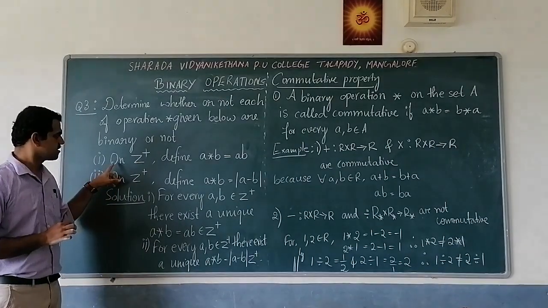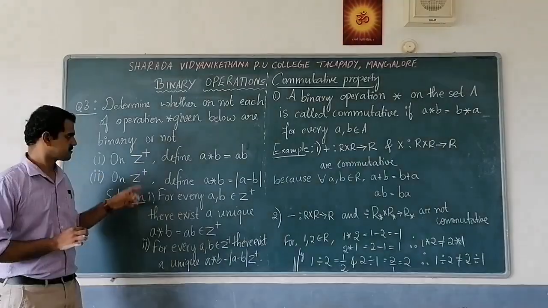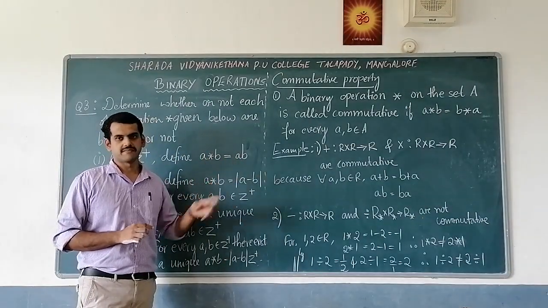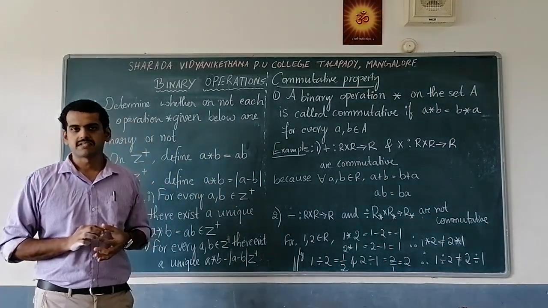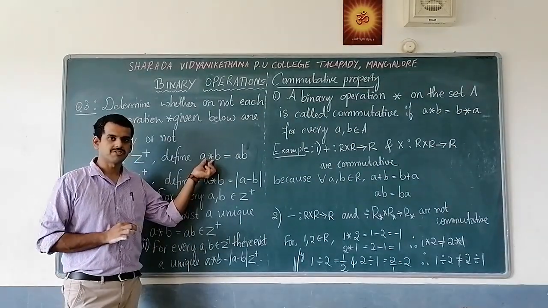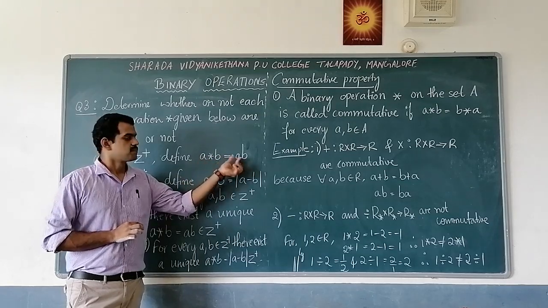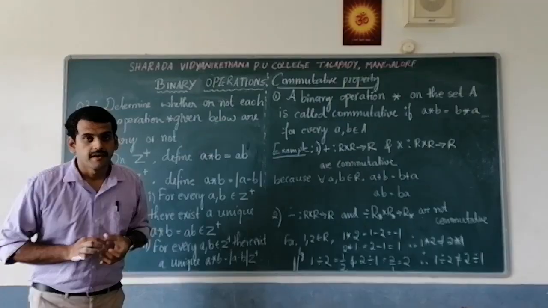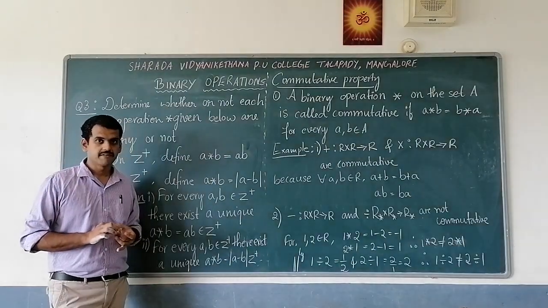On the set of all positive integers Z plus, we define a star b as a into b, that is the product of the numbers a and b. So our star binary operation is nothing but the product of the two positive integers. That is the operation we are taking.